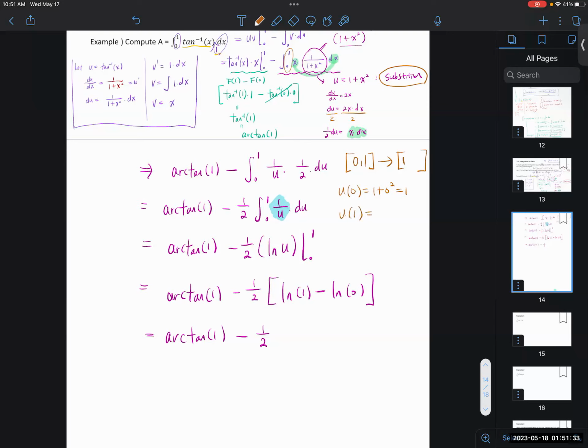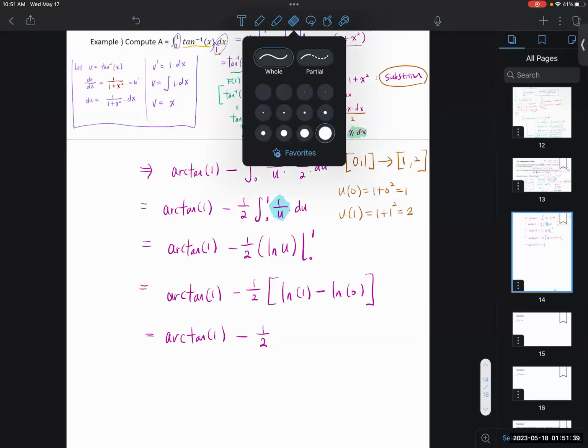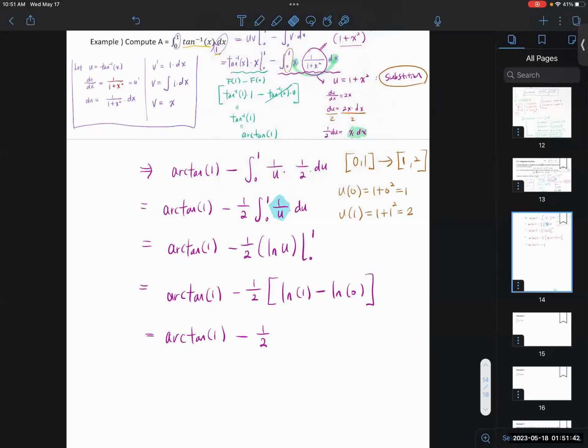And then 1 will be 1 plus 1 squared, 2. So actually it's 1 to 2. So we have to change that, one second. So instead of 0 to 1, everything should be 1 to 2. That's my bad. So we have 1 to 2, 1 to 2, 1 to 2.